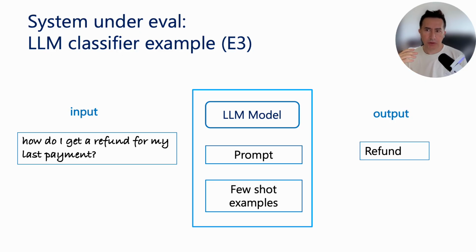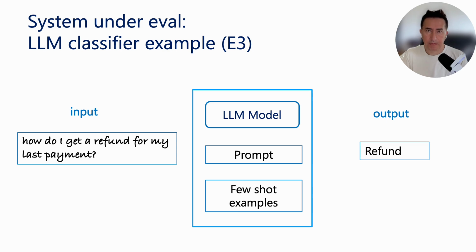So when we are thinking about doing evaluation, we need to understand which of these three aspects we are focusing the eval on. Maybe we are just looking at the end-to-end, so we consider all these three aspects together, or maybe we want to focus on one of these parts and see how the system performance changes as we change one of these three parts.